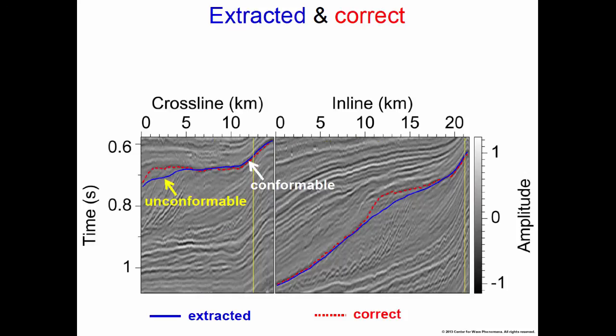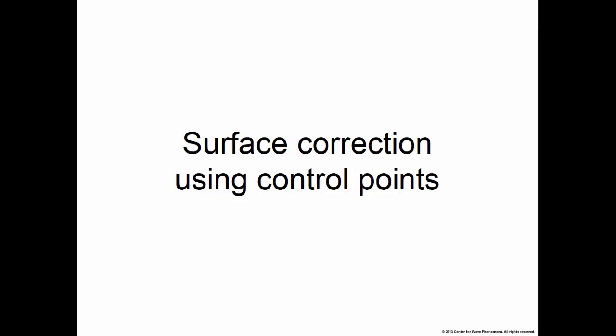Therefore, this extracted surface needs to be further corrected in these unconformal parts. And here we provide a method to improve the extracted surface in these unconformable parts by using scattered control points.